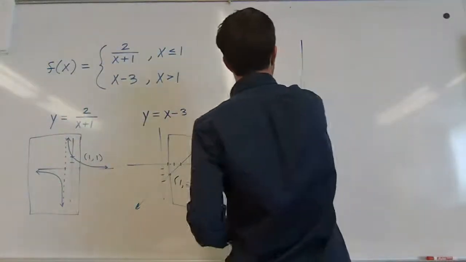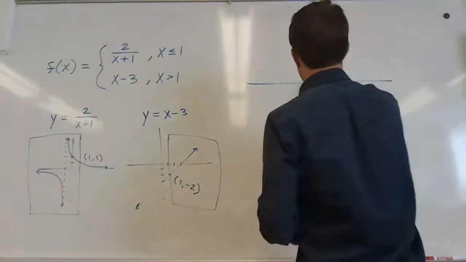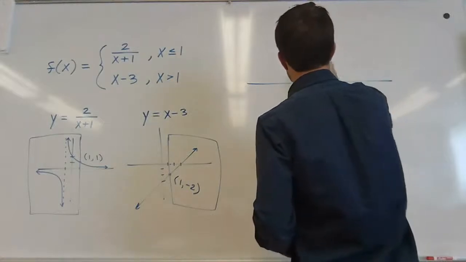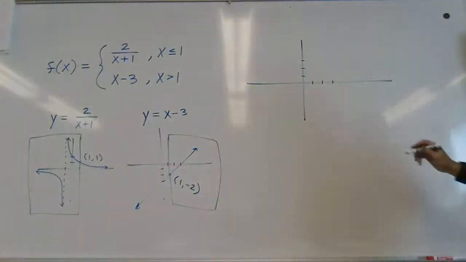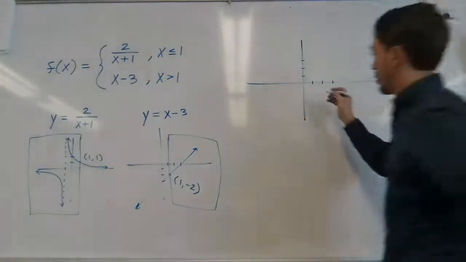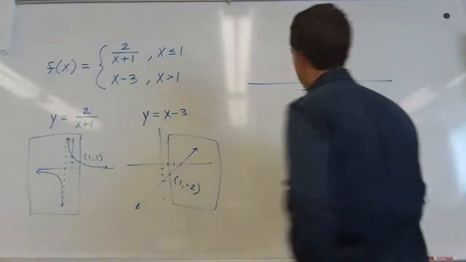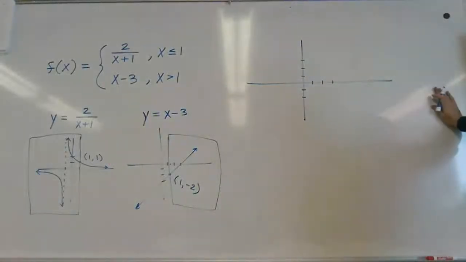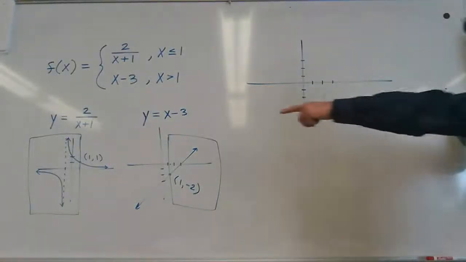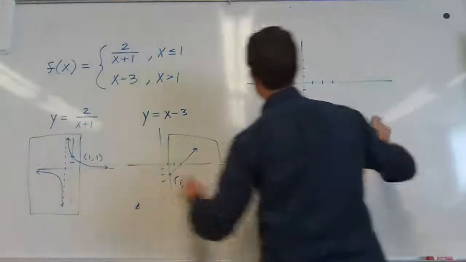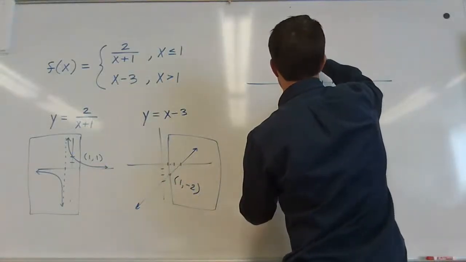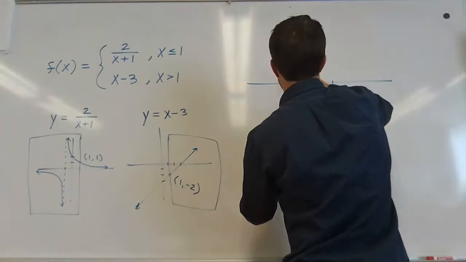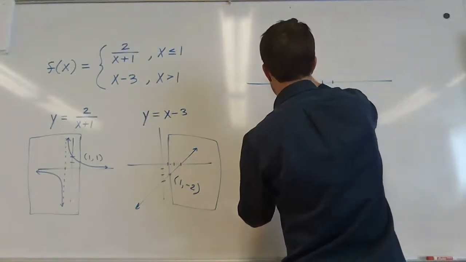Overall answer. 1, 2, 3. I don't need a ton of dash marks. So let's draw that in. So I'm going to draw this part. There's my vertical asymptote.